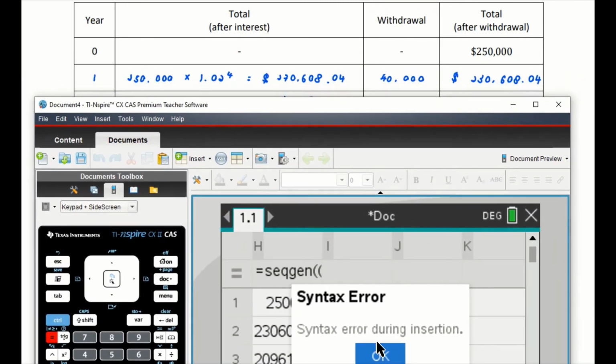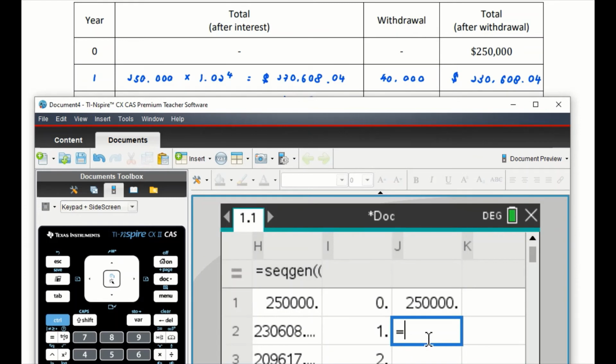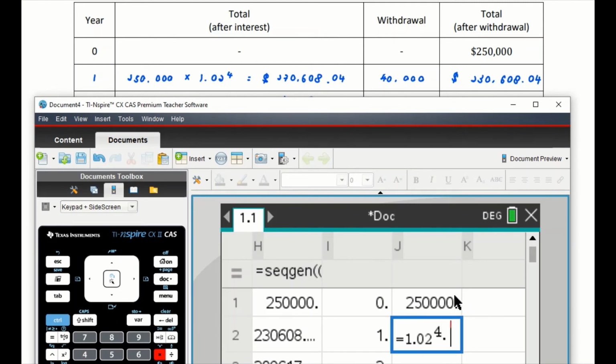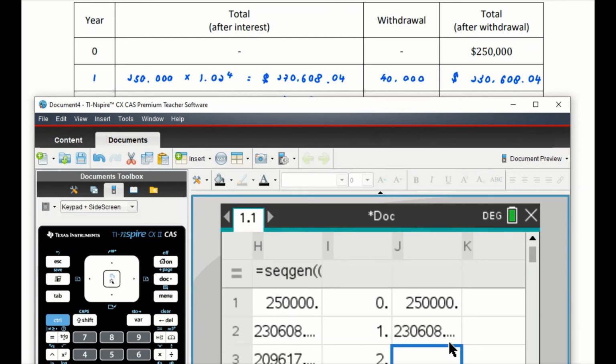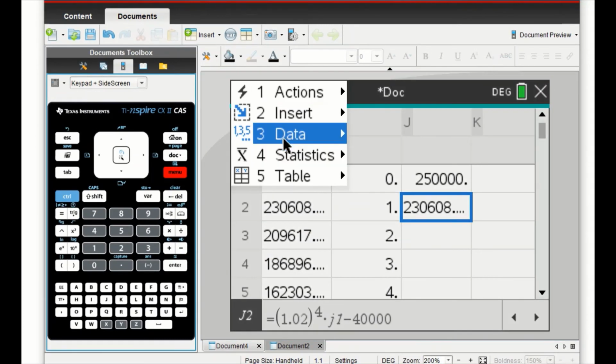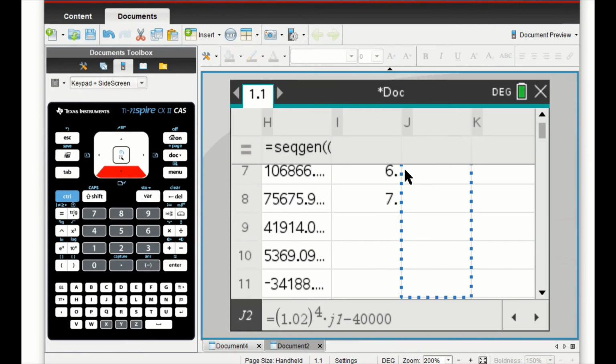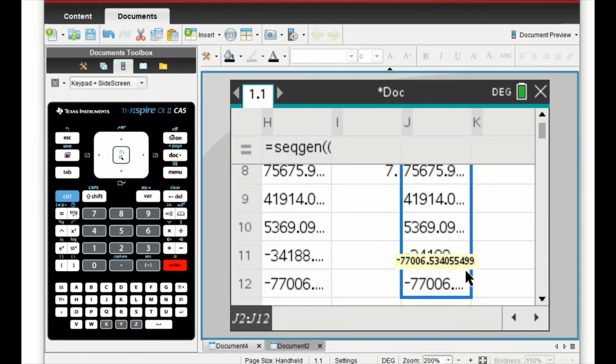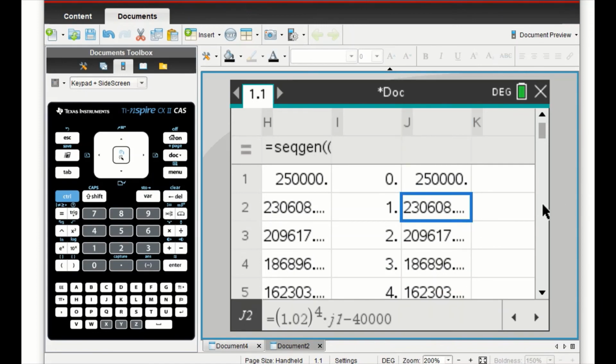You use 1.02 to the power of 4, multiplied with your previous value here, then after that minus 40,000. Then just press enter, and you should get exactly the same thing. Menu, data, fill, then just go down. You should be able to get everything correctly as well. Alright, so that's the idea of how you should do it.